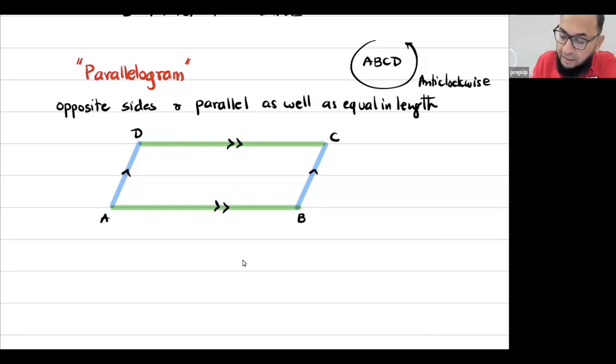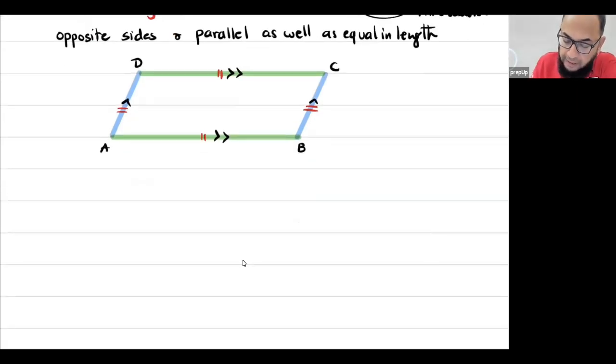These two sides are parallel. This length AD equals CB. This length DC equals AB. So let me write it down. I'll write AD equals BC. I'll write DC equals AB. This is in terms of length.